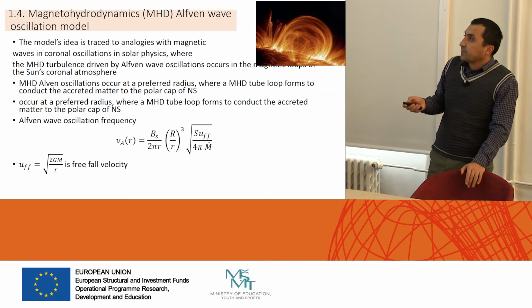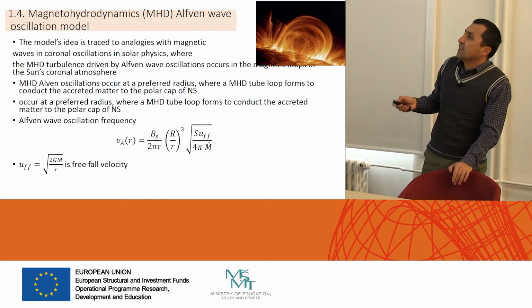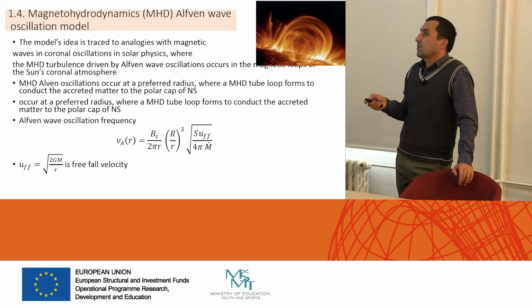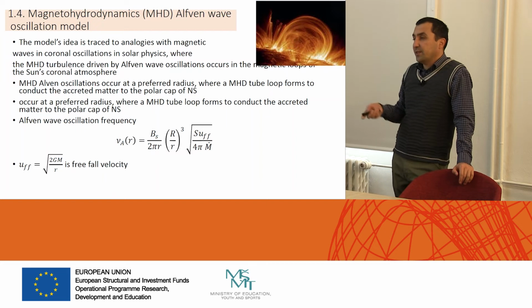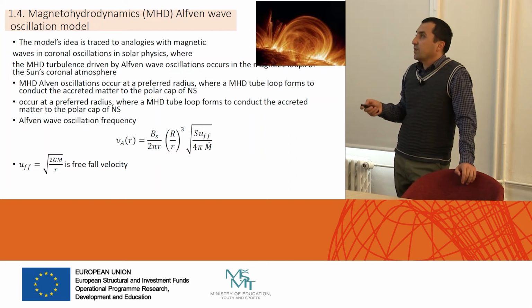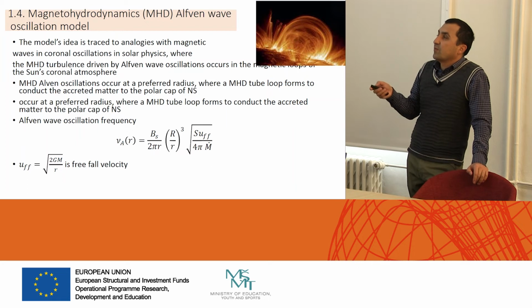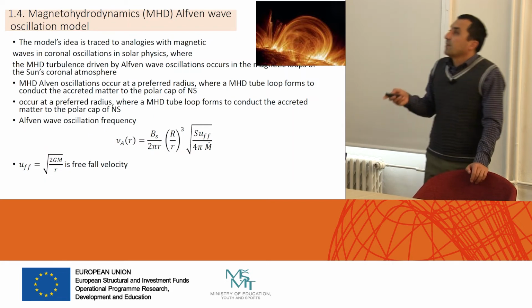And here this free fall velocity and this Alfven velocity estimation is also about kilohertz for the neutron star with the magnetic field value, I forgot to show the estimation calculations, for the magnetic field value 10 to the power 9 Gauss.